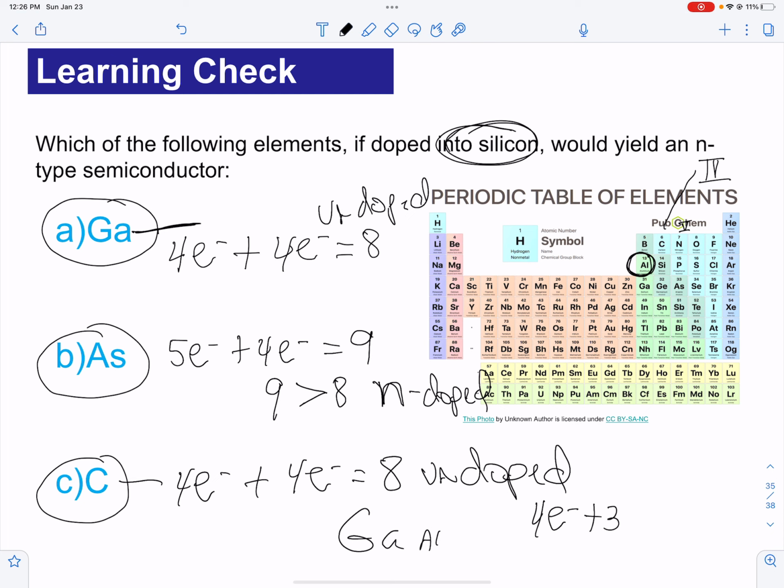Aluminum has 3 valence electrons. So now you have 7, and 7 is less than 8. That means you still have a space in that band because you haven't made it to 8 yet. This will be a p-type semiconductor, or a p-doped semiconductor. So that's how you do that, by focusing on how many valence electrons each element is bringing into the game.